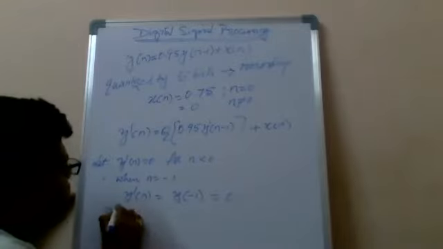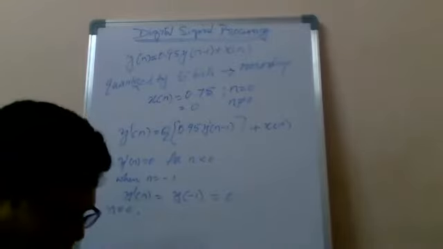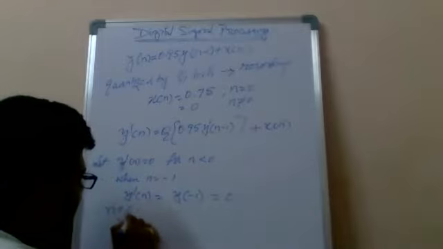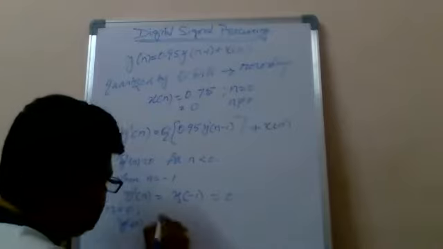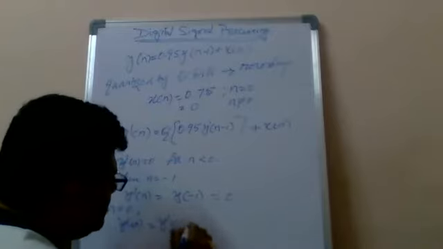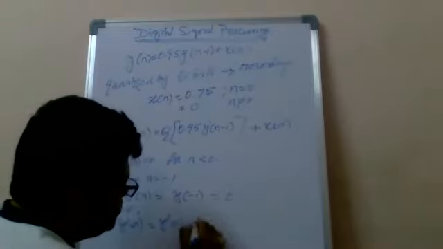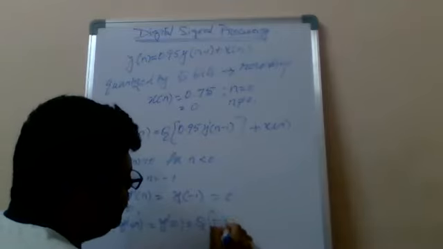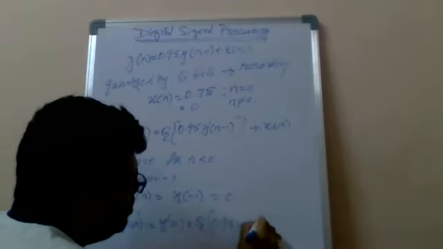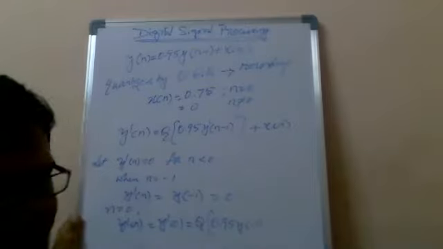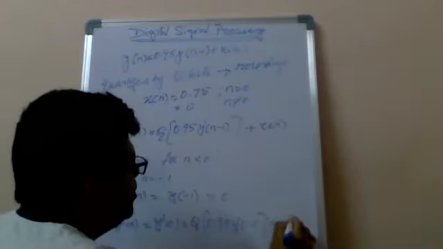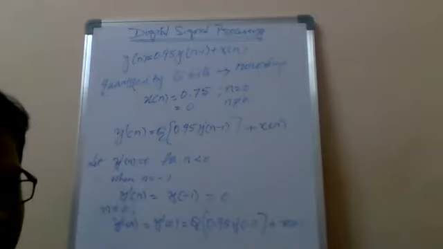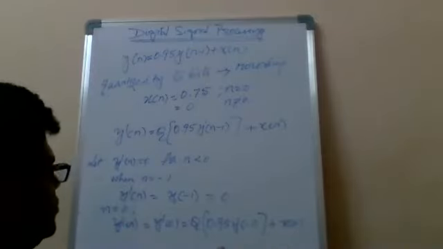Now for n equal to 0, your y dash of n is equal to y dash of 0 is equal to q of 0.95 y dash of minus 1 plus x of 0. We are considering n equal to 0.